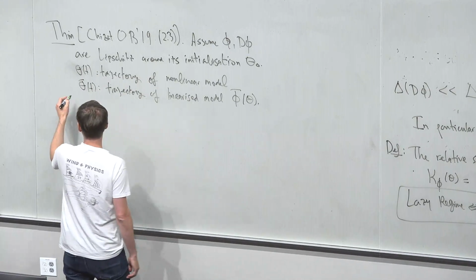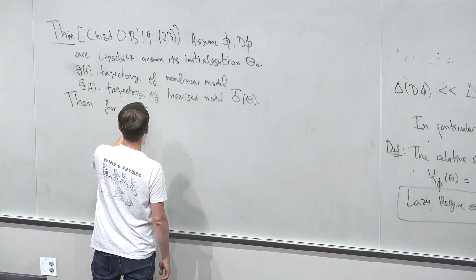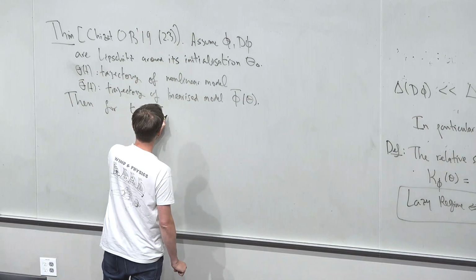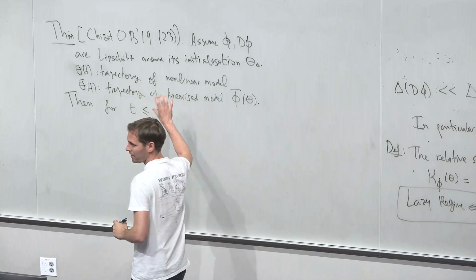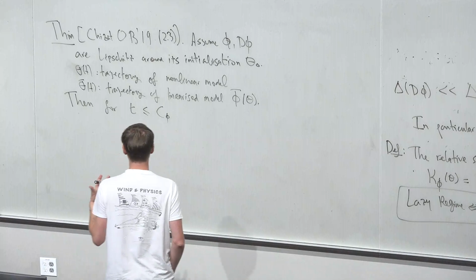So what this statement says is that for a time that is controlled by something that depends on phi, in their paper it's explicit, but here I just want to give you the whole picture, there's a constant.